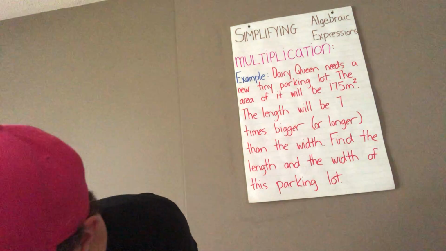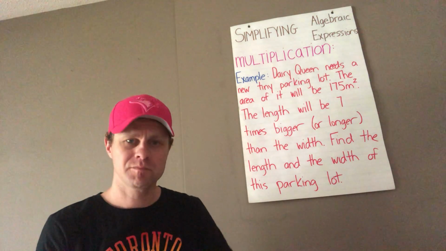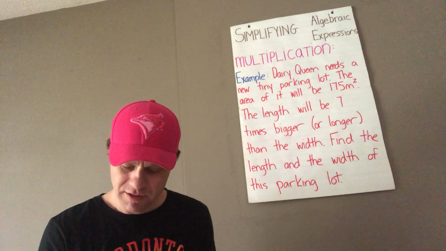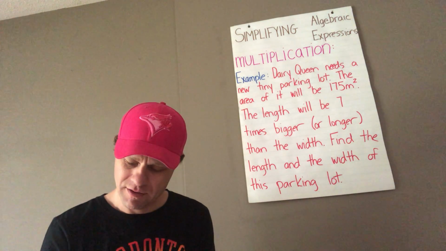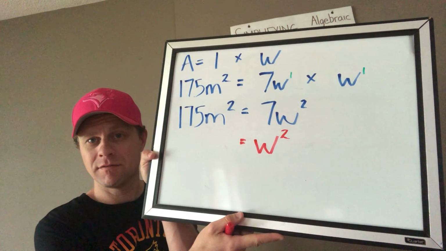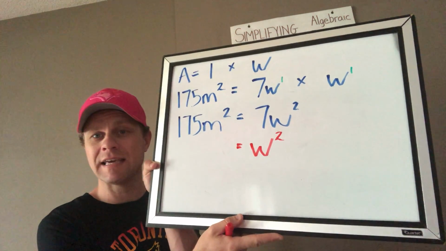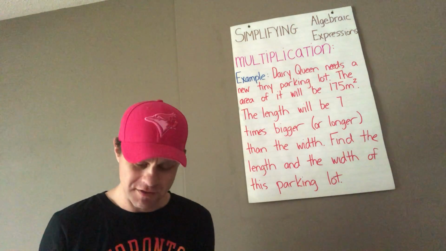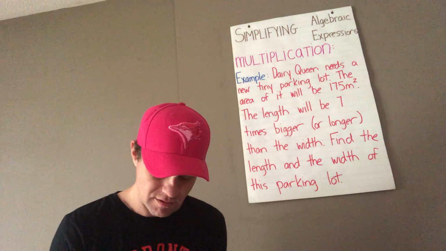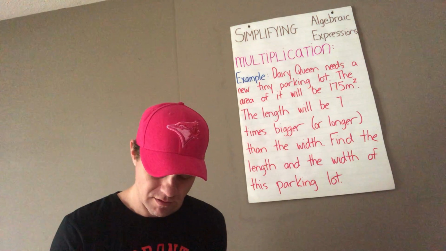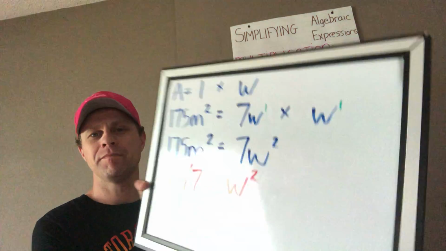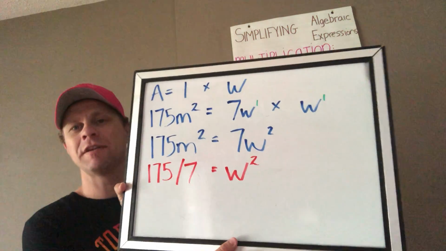I'll use a different color. So I want to put W squared by itself. So we're going to take the 7 over to the other side of the equal sign and divide it with 175.